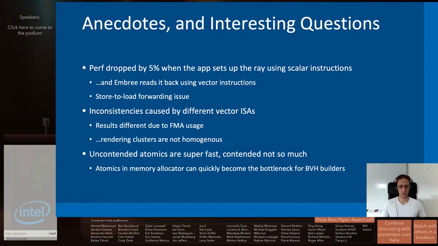But as soon as you have dozens to hundreds of threads hammering on a single cache line, wanting to do some atomic update, then this becomes really, really painful. And this can become so painful that it could become the bottleneck for the BVH builder, because the surrounding code is so fast, but the atomic is so slow. So basically, that is the problem. But luckily, we can work around this by spreading the atomics and thereby reducing the contention.